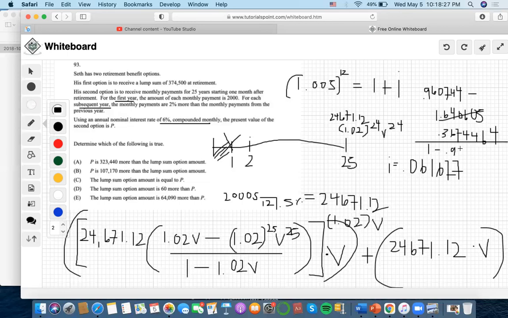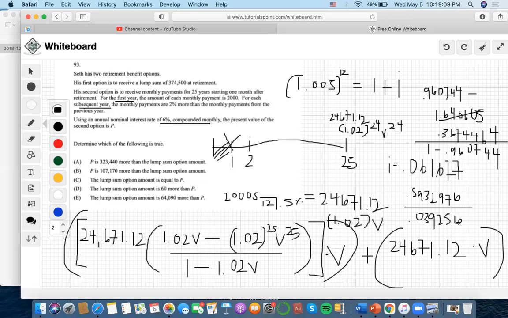0.960744. Now we're going to solve this problem. So we're going to do 0.960744 minus 0.3674464, and we're going to get 0.593296, and we're going to put this whole thing over 1 minus 0.960744, and we're going to get 0.039256.